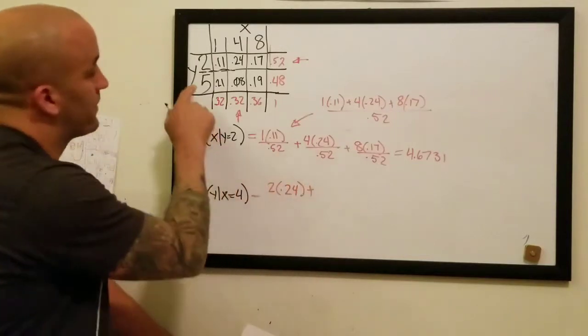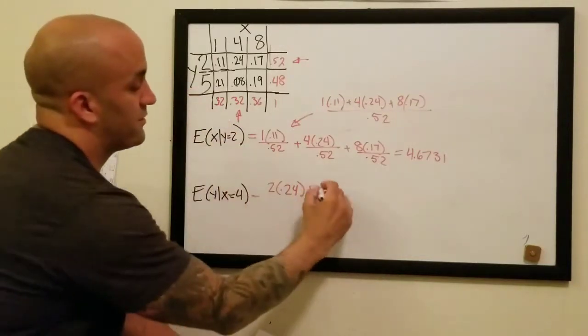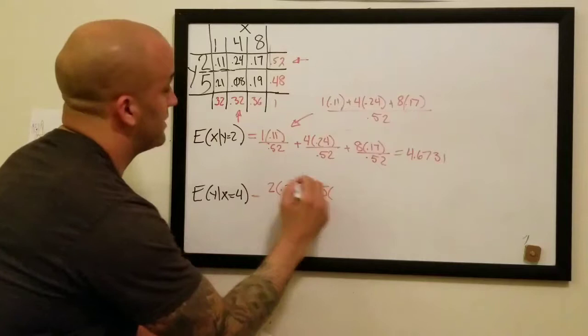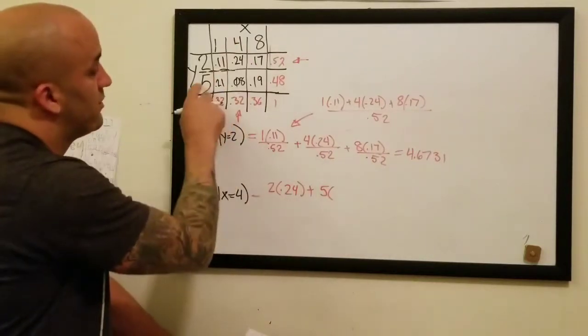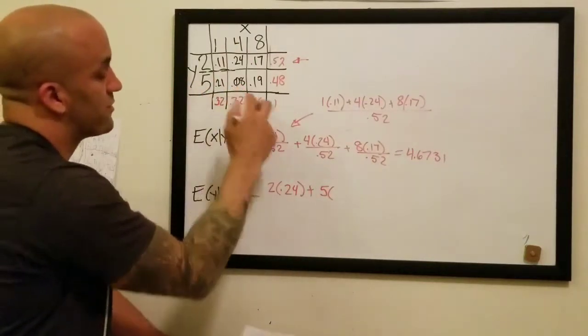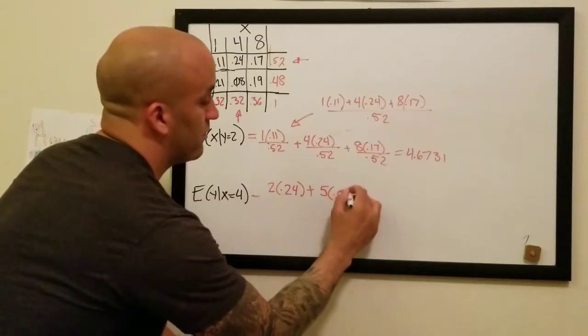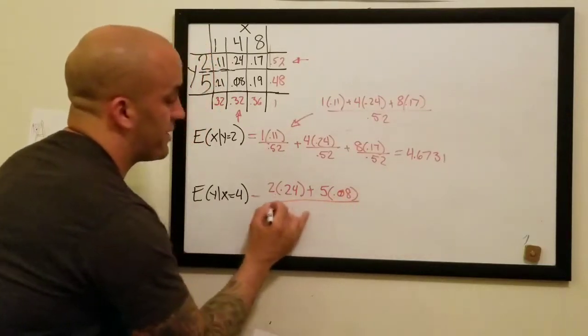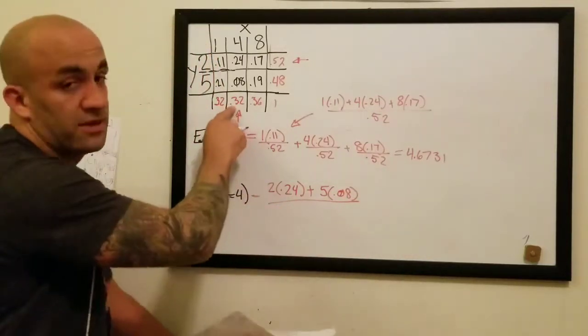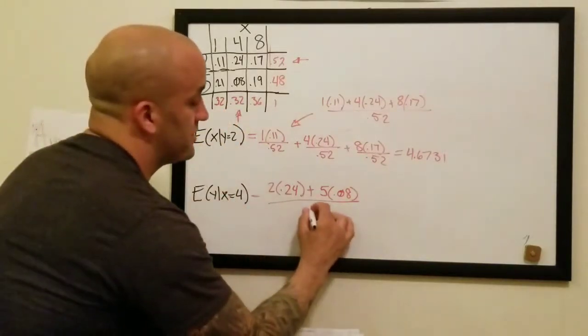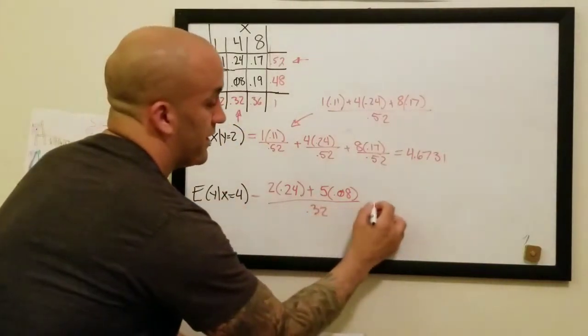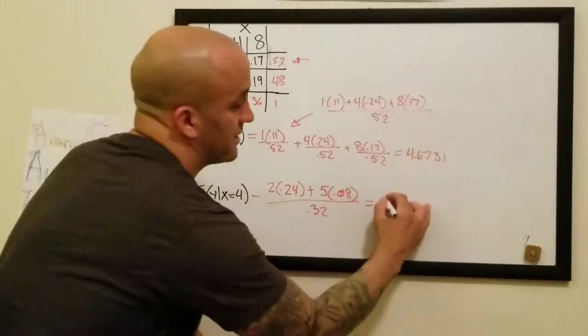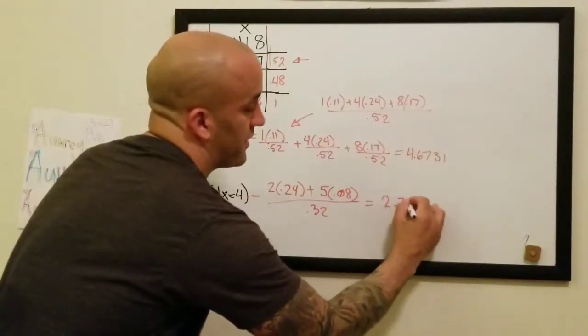Then we take our y value of 5, and since we're dealing with the 4 column, y is 5, x is 4 is 0.08, and then we divide by the marginal probability of x equal to 4, which is 0.32. Once you multiply that out, you should get 2.75.